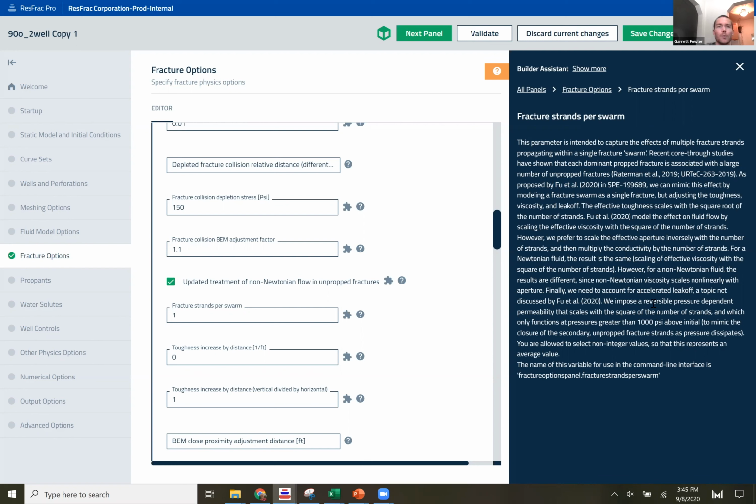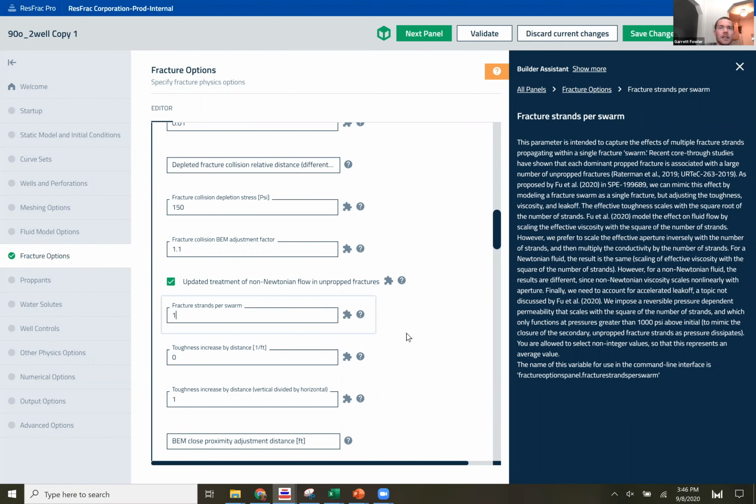And so, as Dave was saying, one way to account for this effect that's been observed in the field of multiple fracture strands is to use the fracture strand per swarm.